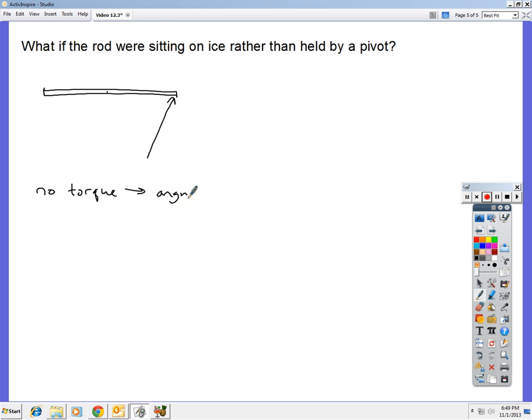So angular momentum is conserved. But now, because there's no pivot, that also means that there are no horizontal forces on the system.